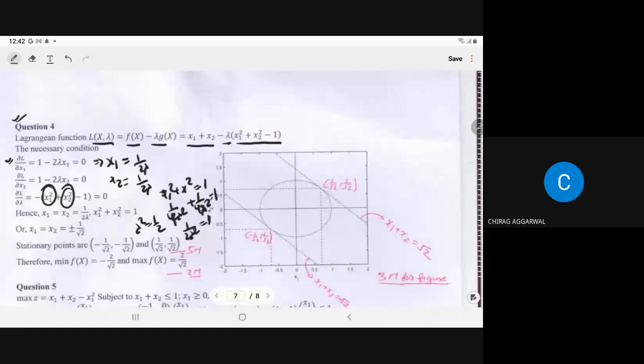So lambda is equal to plus minus 1 upon root 2. If you put 1 upon lambda here, that will give you plus minus 1 upon root 2.